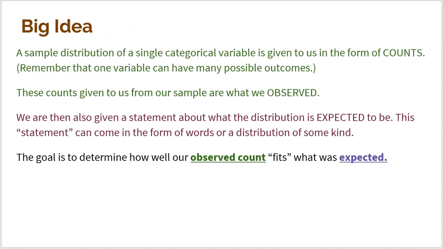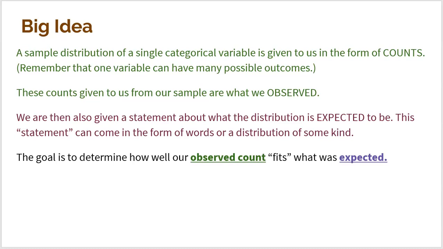All right, so let's make sure we understand the big idea here. A sample distribution of a single categorical variable is given to us in the form of counts. Remember that one variable can have many possible outcomes. I can't stress that enough. These counts given to us from our sample are what we observed. So we observed what you're going to see in the table. Again, this will all be given to you in any problem. We are then also given a statement about what the distribution is expected to be.